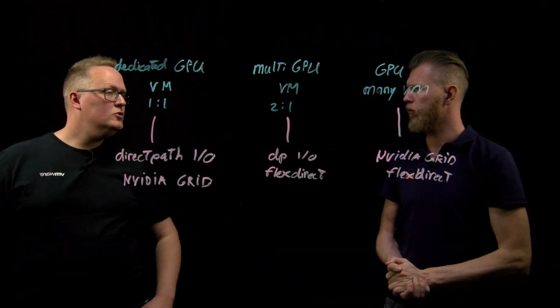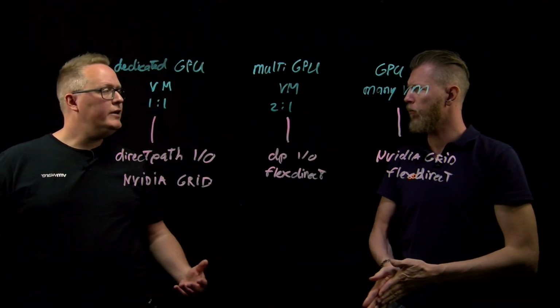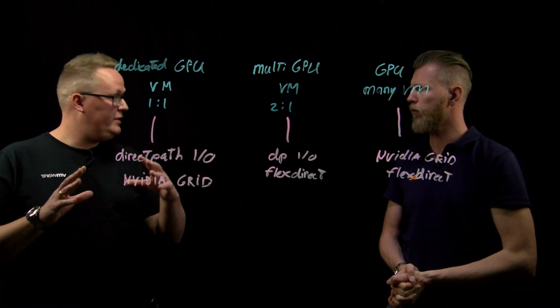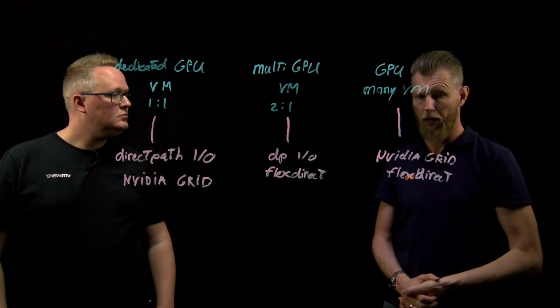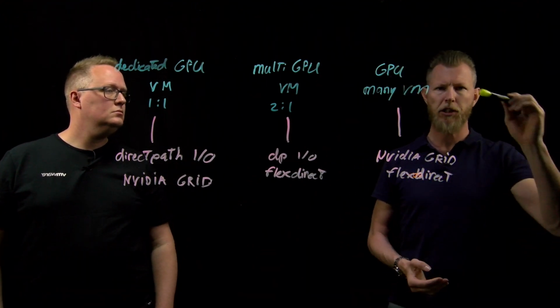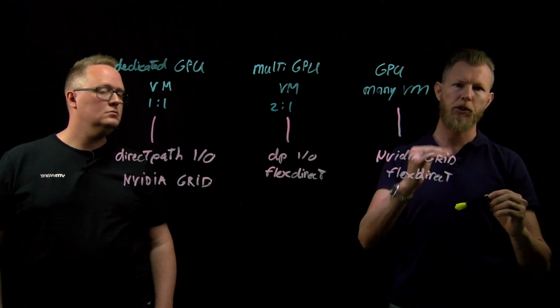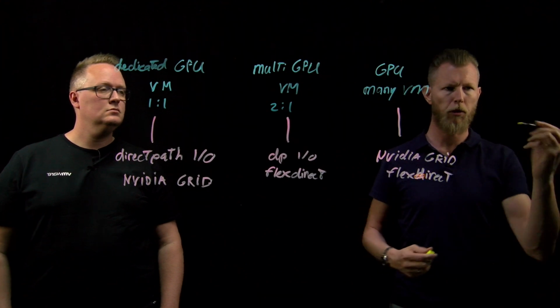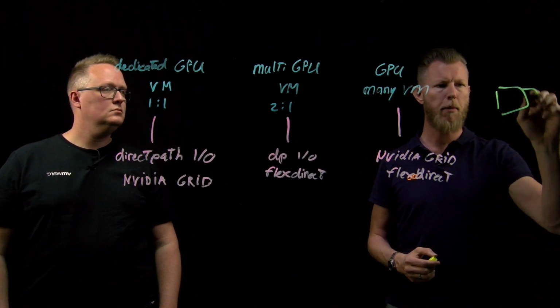So, can you tell us a little bit more about Nvidia Grid, because it introduces a new type of scheduling that is completely separate to the VM kernel scheduling? Yeah, absolutely. So Nvidia Grid has its own GPU scheduler which sits between the VM and the actual GPU. So let's draw a VM here.